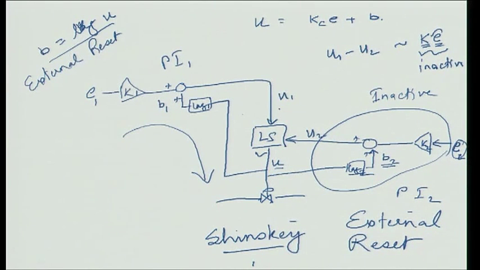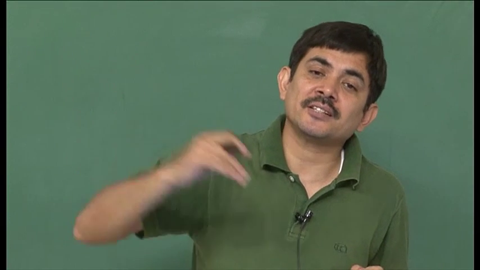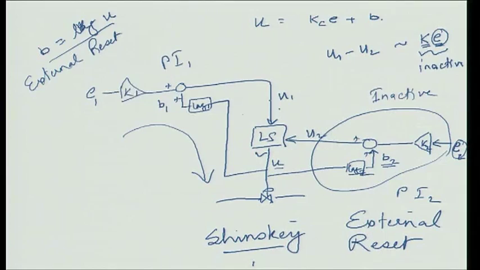And if this E does not grow too much, the difference between what is implemented and what is not implemented will not be too large, and then the reset windup problem, which requires the controller to unwind substantially because the controller outputs are far away, does not occur.